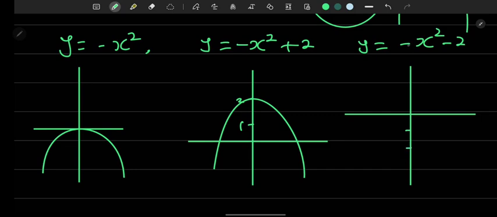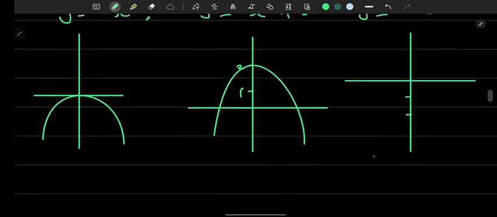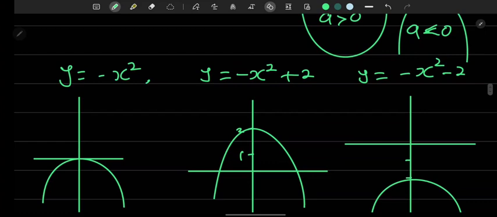And of course, minus x squared implies that the parabola will face down. So you have something like this here as well. These are examples of transformations of a quadratic function, both reflections and translations.